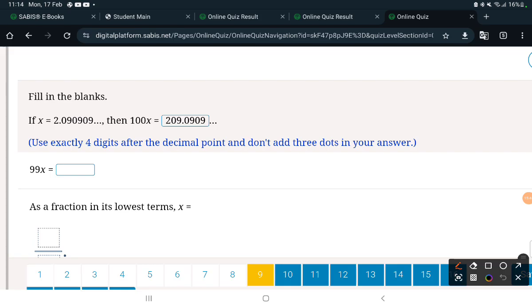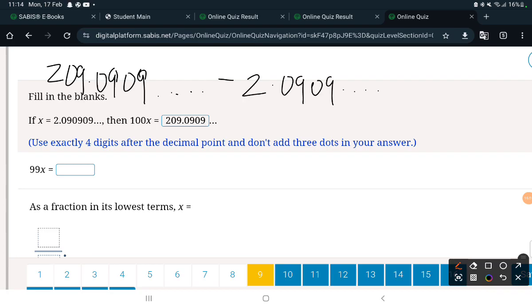Alright, now we need to do the same thing, we need to subtract. So we have 209.0909 and so on, minus 2.0909 and also so on, equals 100x minus x.